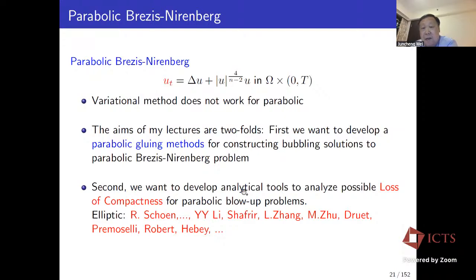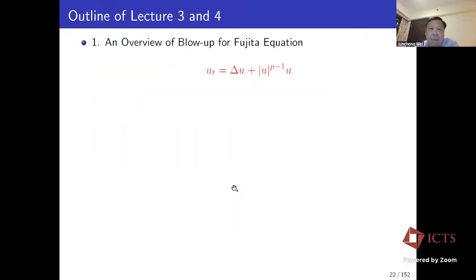But for parabolic problems with critical exponent, there are very few results and very few analytical tools. In this talk, I am also going to show you that the inner-outer Green can be a very, very efficient tool to analyze loss of compactness for parabolic critical problems.